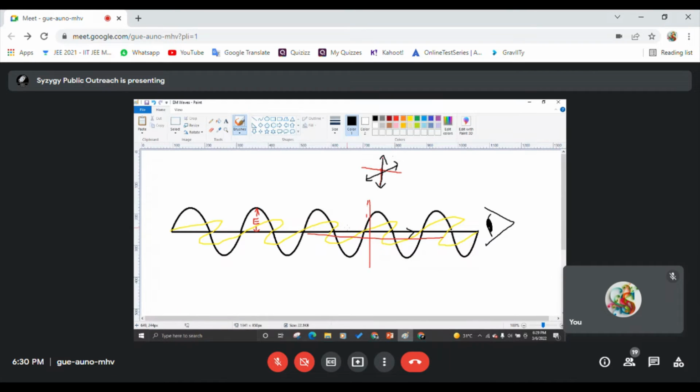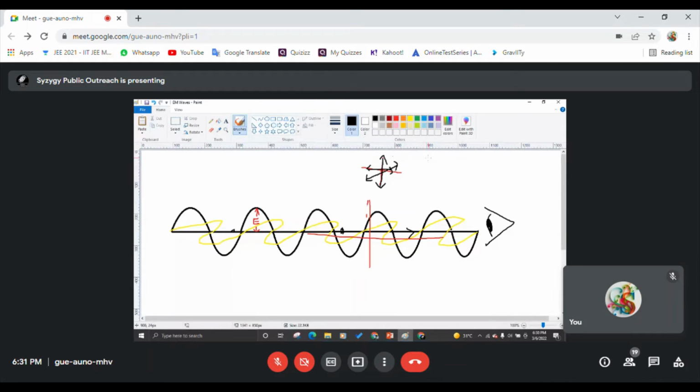At this point I may get vertical oscillation, at this point diagonal oscillation, and at some point horizontal oscillation. Basically at every point the direction of electric field oscillation varies. So this is a non-polarized wave, with no fixed direction of oscillation of the electric field.